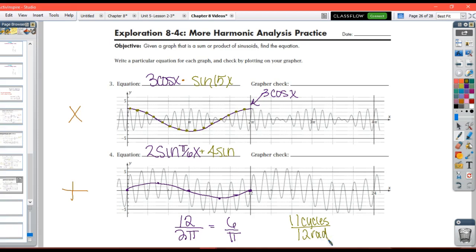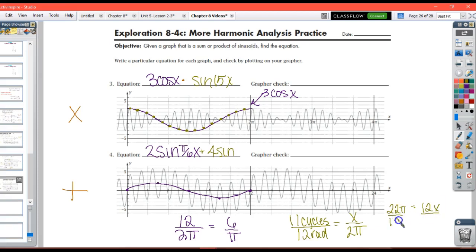Now, to find how much smaller we made these, to find that dilation factor, we need to figure out how many cycles there are in 2 pi. And so from here, I can cross multiply, and I'll get 22 pi is equal to 12x.